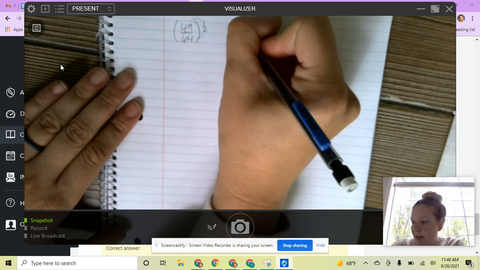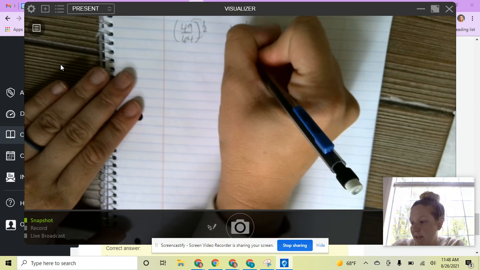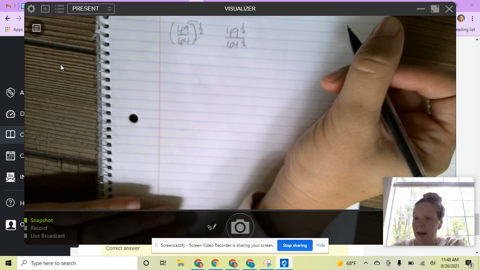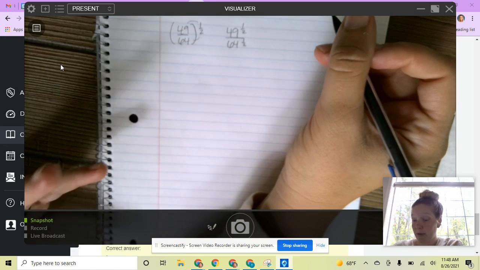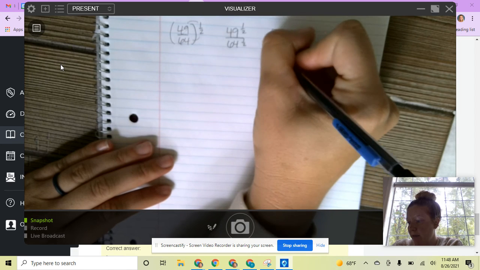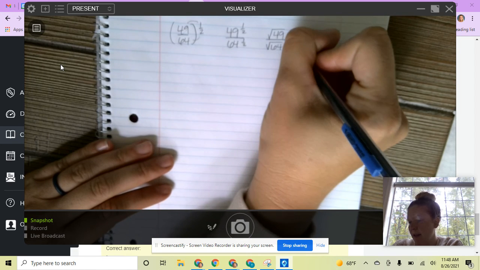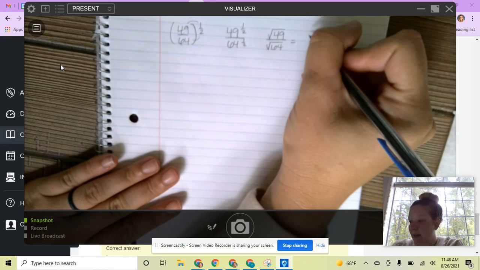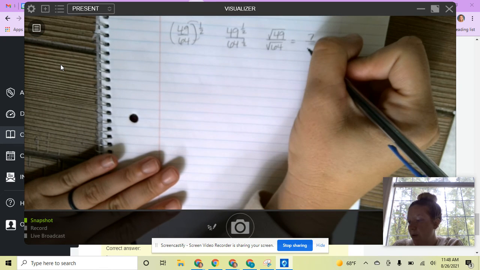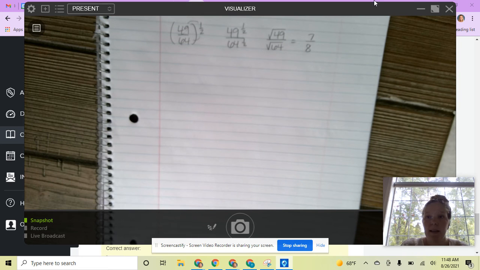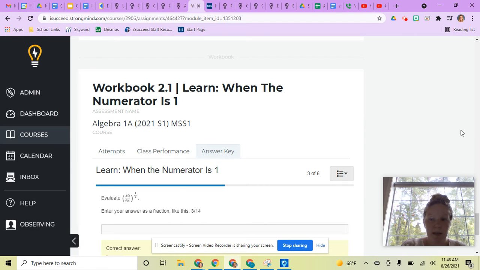So I get 49 to the 1/2 power over 64 to the 1/2 power. And I know that the 1/2 power is the same as the square root, which is what we just learned in this lesson. So this is the square root of 49 over the square root of 64. What times itself is 49? That's 7. And the square root of 64 is 8. So my answer would be 7/8. That's how you do that one.